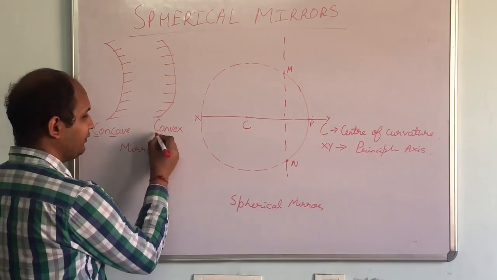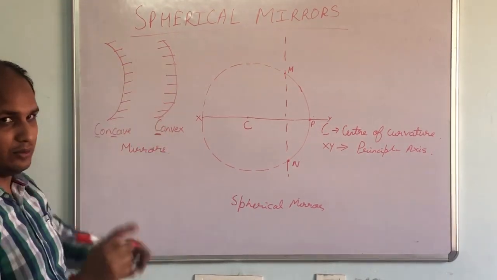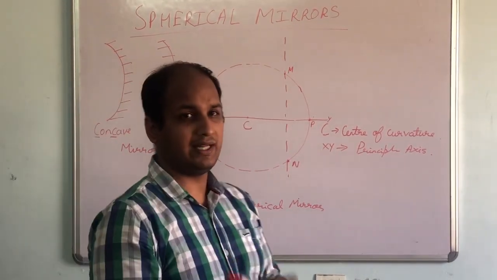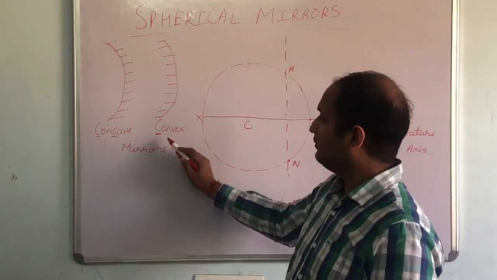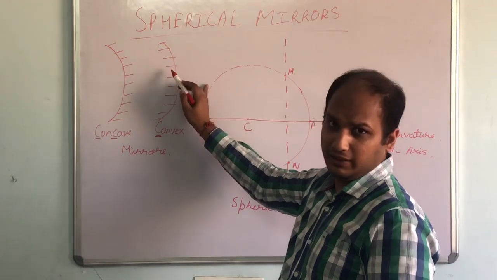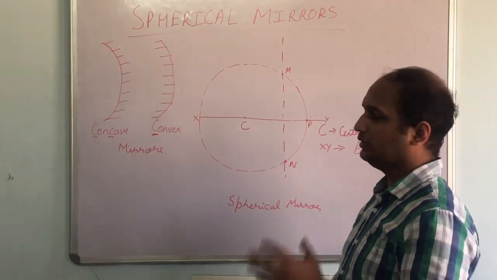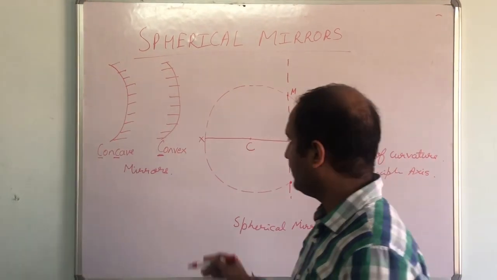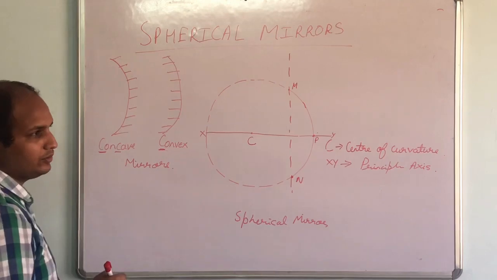And when there will be only one naughty kid, what will happen? The shading is inside. If one naughty kid is in class, he will not be able to be naughty, so where will he sit? Inside the class only, right? That's why I have shaded inside. That's known as a convex mirror. This is a very good concept to remember what a concave and convex mirror is, because in exams sometimes the students get confused over here.